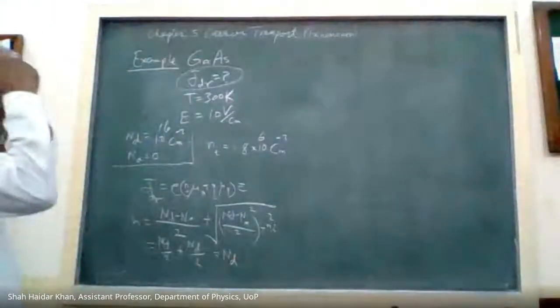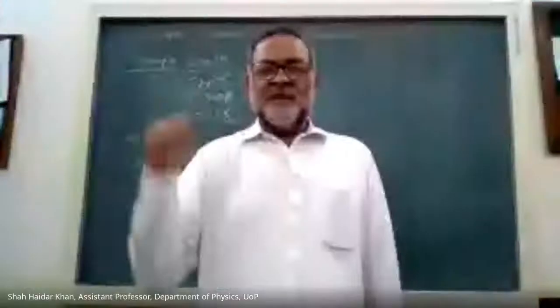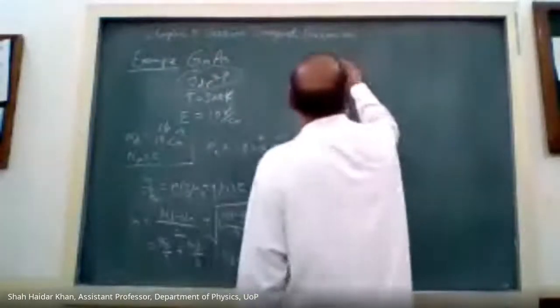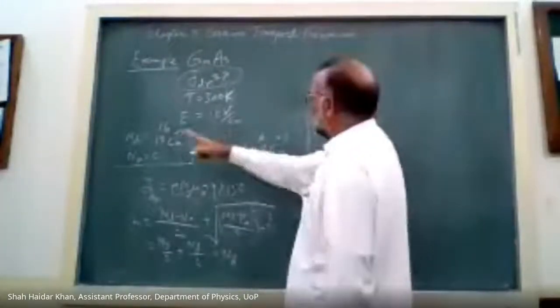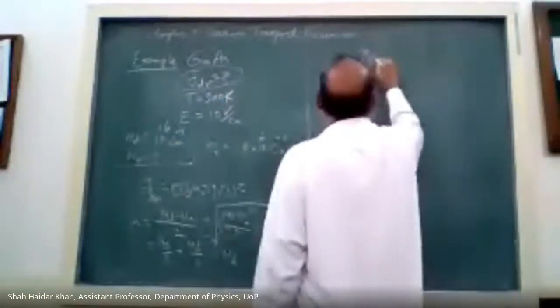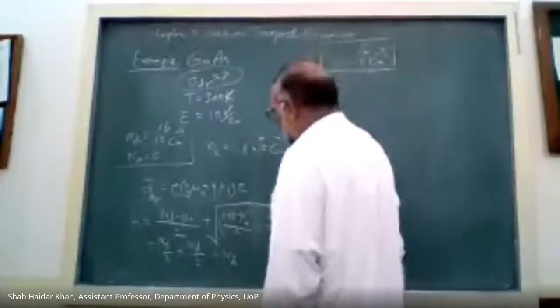So the total number of electrons present in this semiconductor at T equal to 300 Kelvin will be N equal to 10 to the power 16 per centimeter cube.